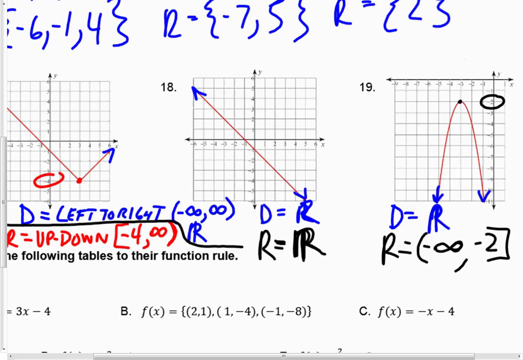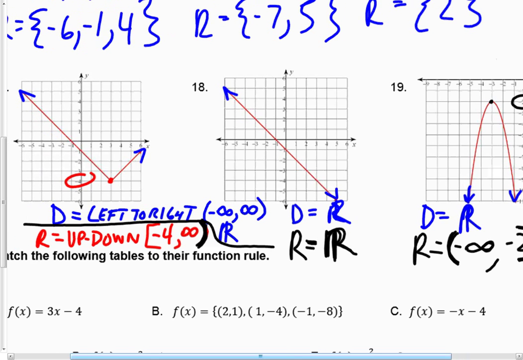Whenever you use infinity, whether it's negative or positive, you always have a parentheses there. This is including this, so we want to bracket there. Stop me if you have a question. This is where people get confused. Domain, you're looking left to right.